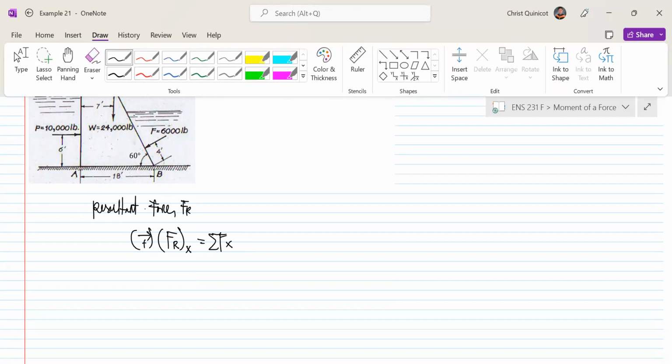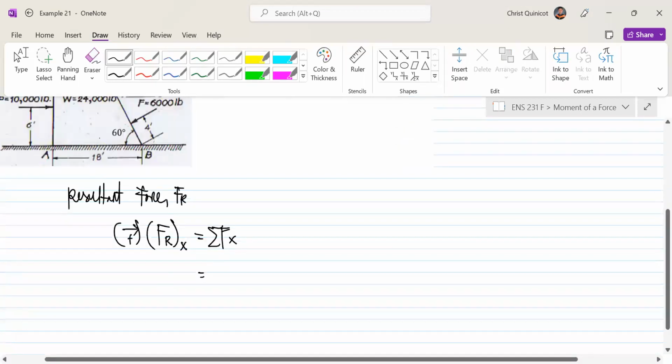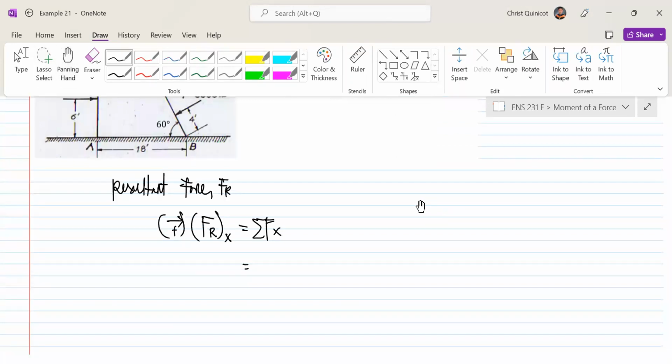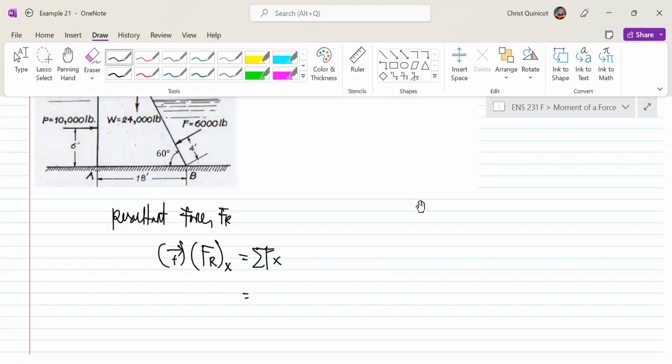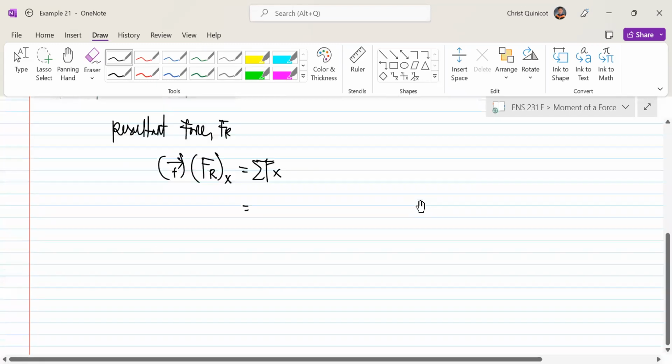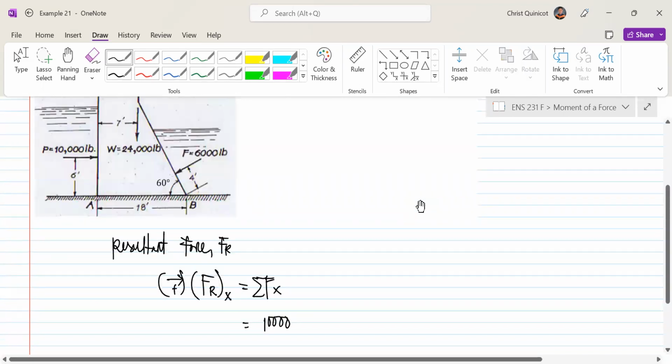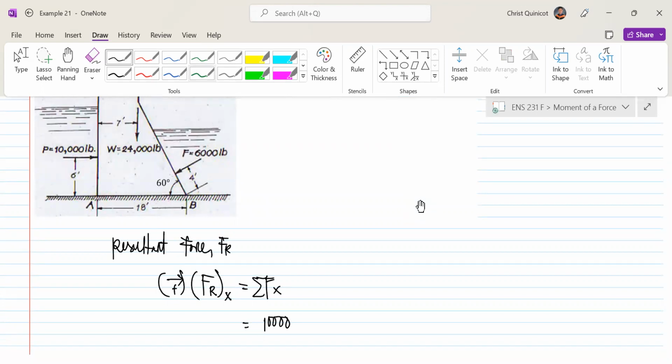So this is 10,000 pounds to the right, and then the x component of the 6,000 pound force, which we write going down to the right.